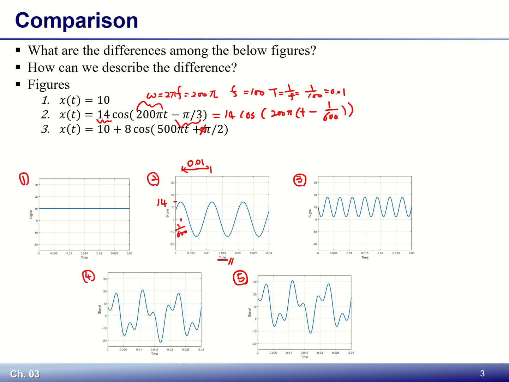Figure 4 looks complex, but when we express it as a time function, it is 14 cosine(200 pi t minus pi over 3) plus 8 cosine(500 pi t plus pi over 2).